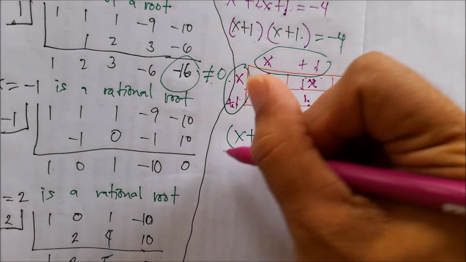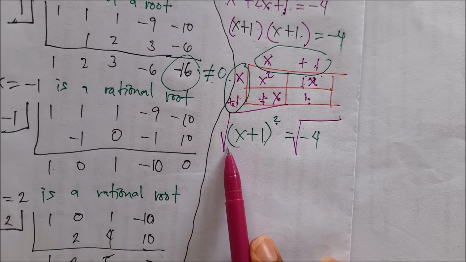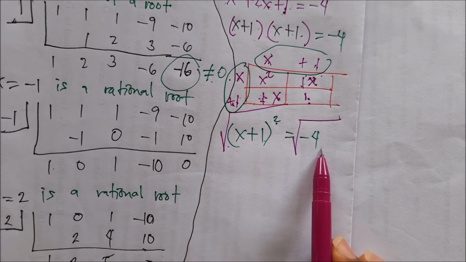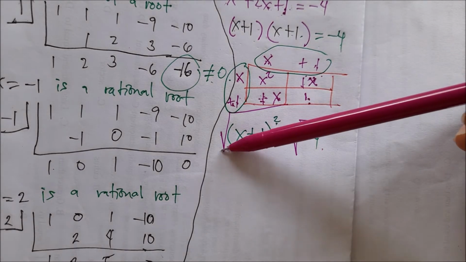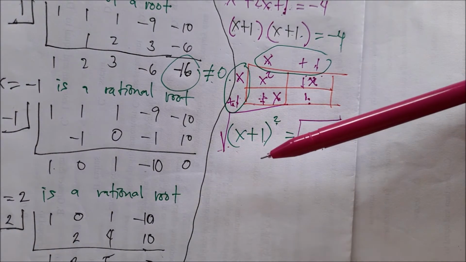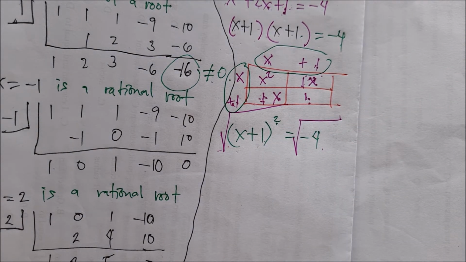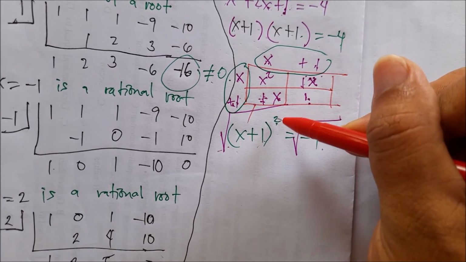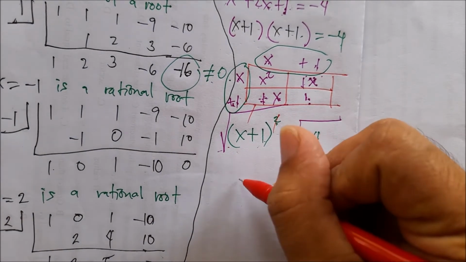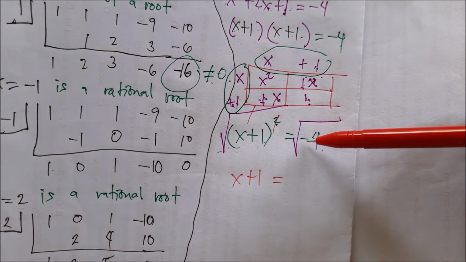Then apply the square root method. If you apply the square root method, do it on both sides. The important thing is, if you apply the square root on the right side, then apply it on the left side, to be fair. Now continue. The square root cancels, then the power of 2 cancels. The remaining is x plus 1 equals square root of negative 4.